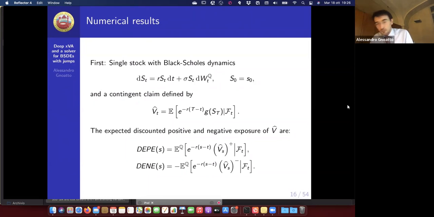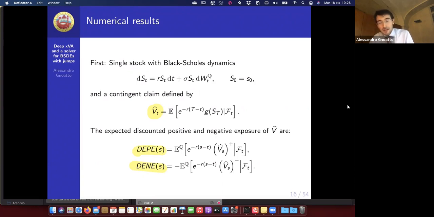I have a portfolio with a single contingent claim, so V hat is just this here. CVA and DVA essentially depend on the discounted expected positive exposure and discounted expected negative exposure. For simple European claims with Black-Scholes dynamics, these conditional expectations can be computed exactly.